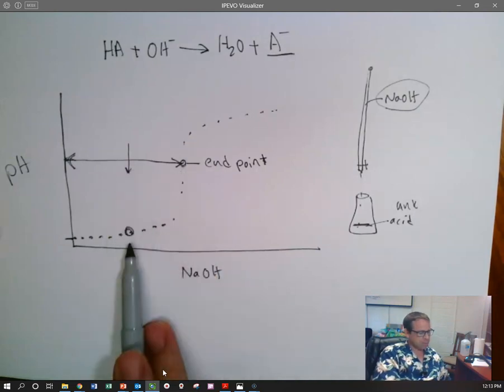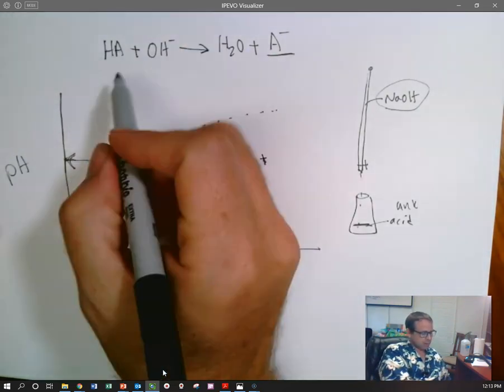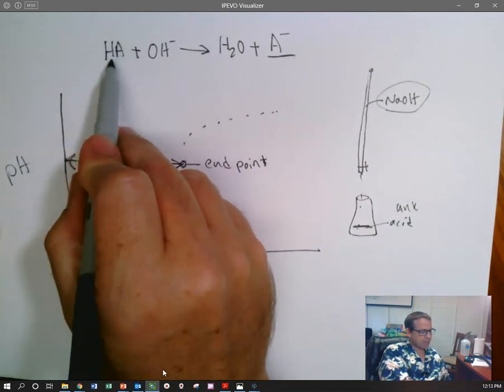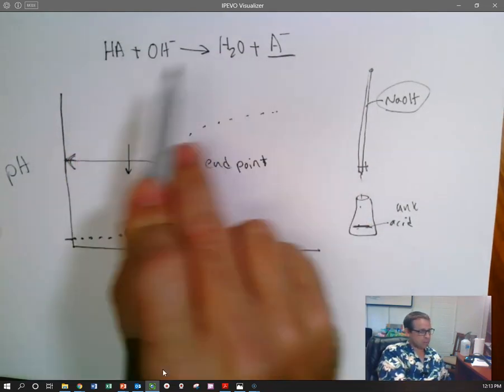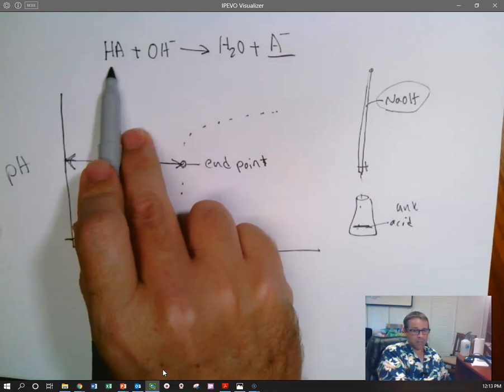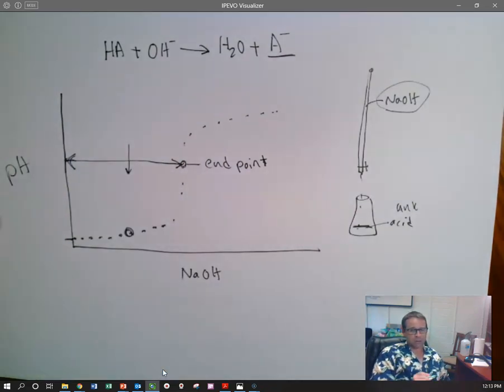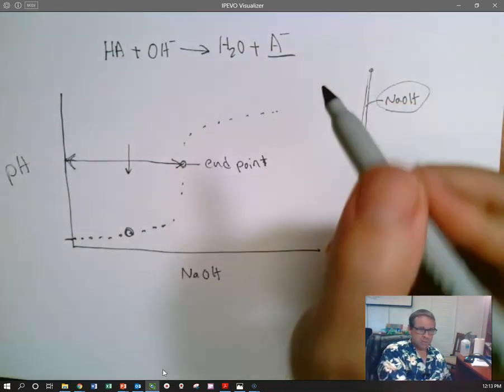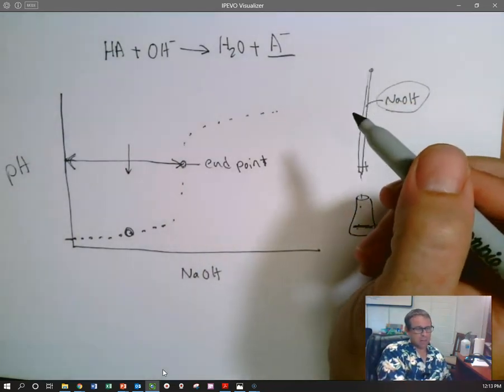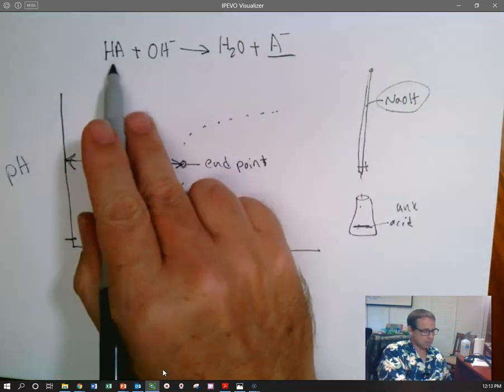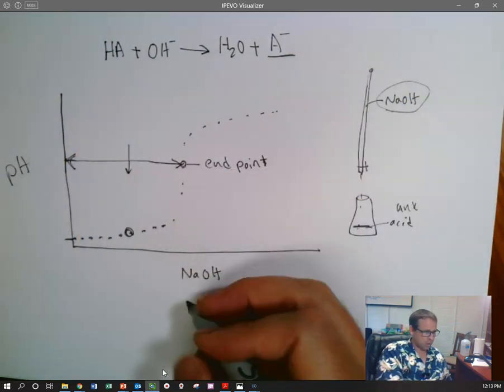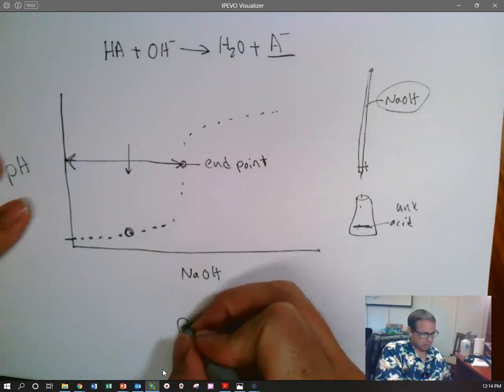But when you're halfway in between, when half of your HA has been converted to A minus but you still have half of your HA left, there's a special scenario that occurs in which you have a specific pH. That pH is dependent on what that acid is, and we call that pH the pKa.